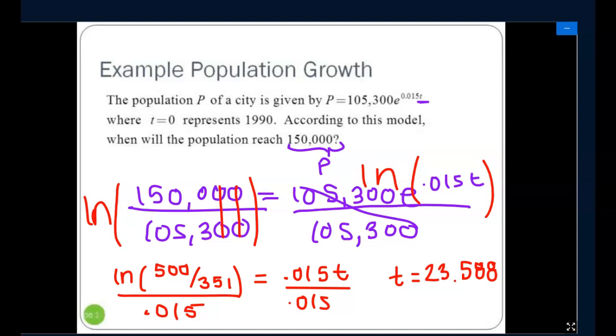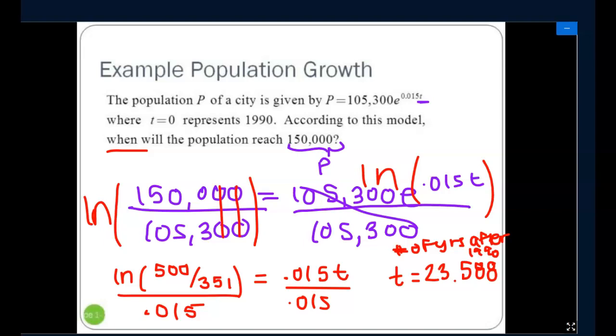That 23.588 represents the number of years after 1990. So if it says when, it's not looking for 23.588. It's looking for the number of years or the year at which that occurs.